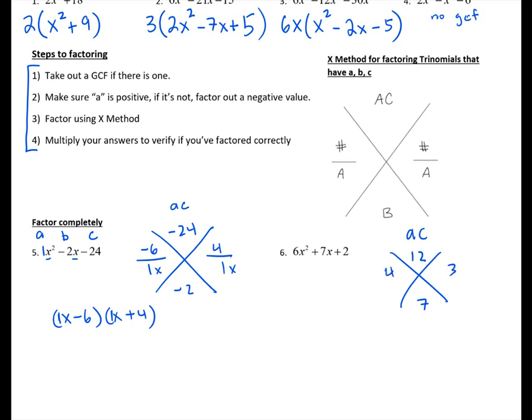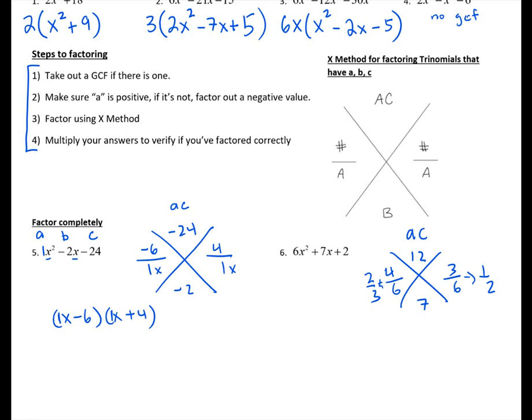4 times 3. And then once I find the numbers, I divide by whatever a is. A is 6. Now for this example, we can reduce the fractions, right? 3 over 6 reduces to 1/2. 4 over 6 reduces to 2 over 3, right? So we're just reducing these right here to get these fractions.